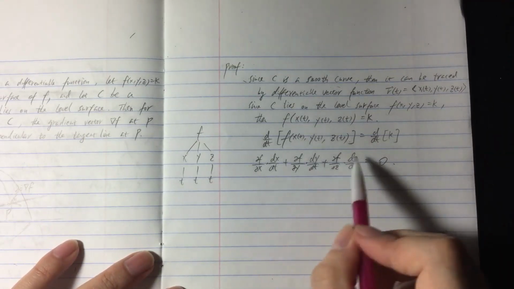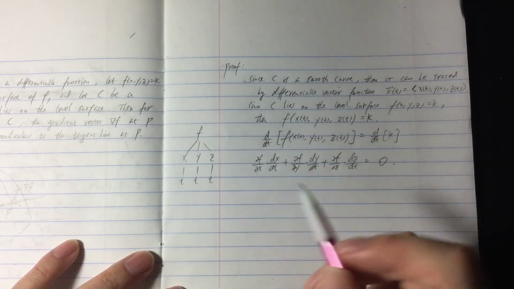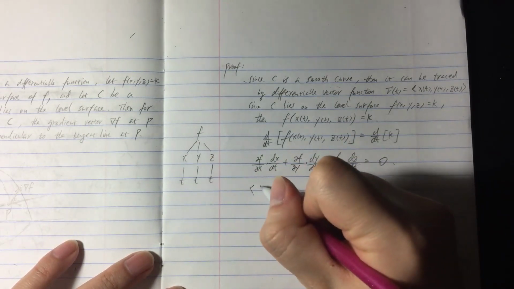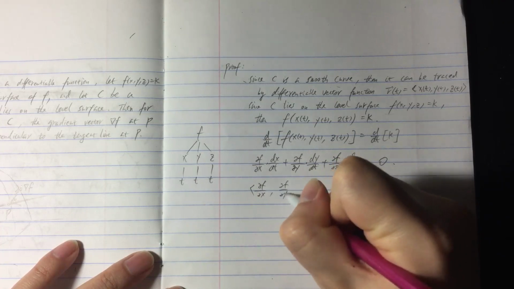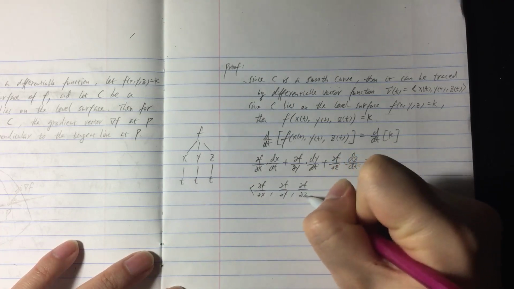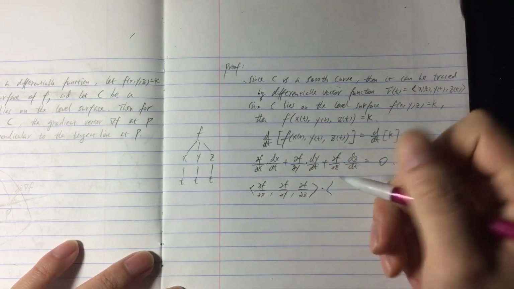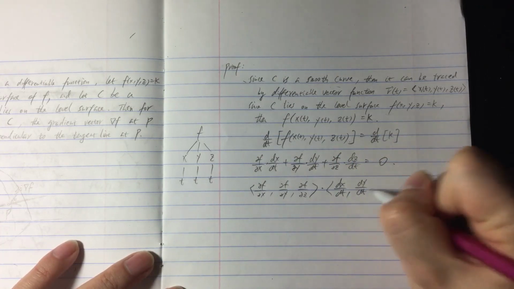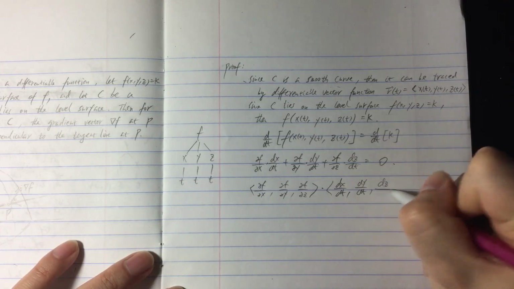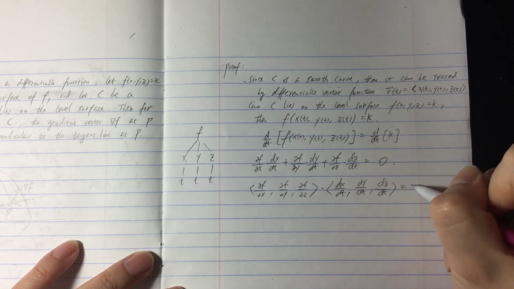Then here I can write the left side as a dot product. It can be written as the vector partial f over partial x, partial f over partial y, partial f over partial z, dot dx over dt, dy over dt, dz over dt, and they equal 0.